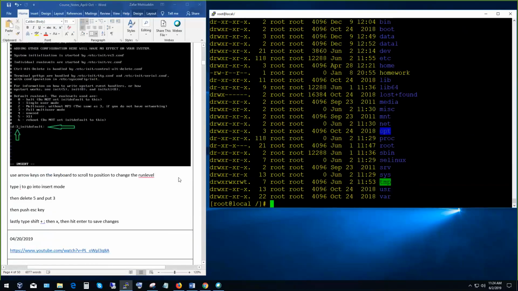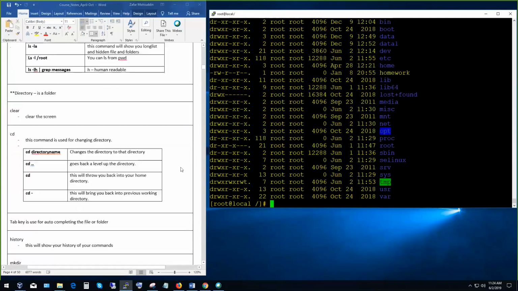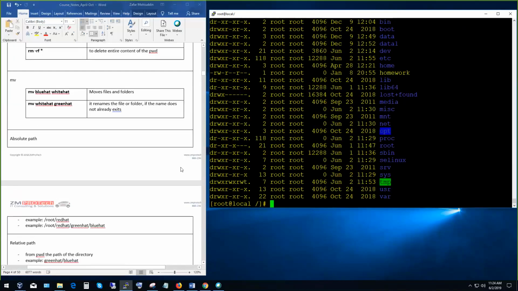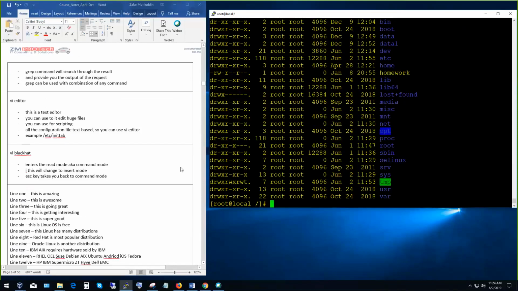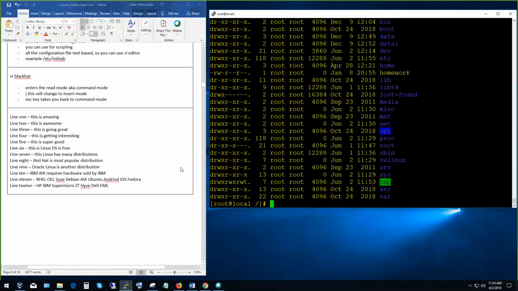So let's see what /opt is for. /opt is for third-party applications like Oracle and all that. So most of the time you would end up seeing /opt being a bigger size than what you see here, as big as 32 GB.